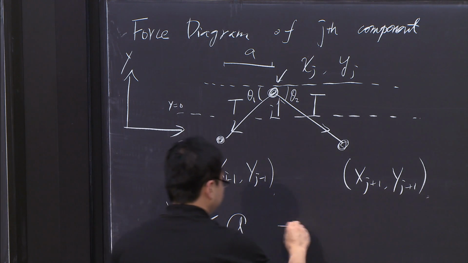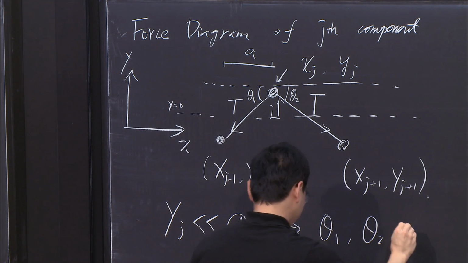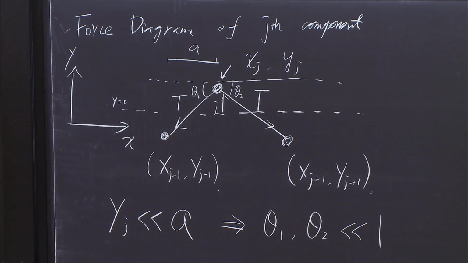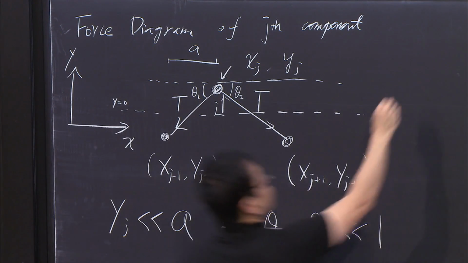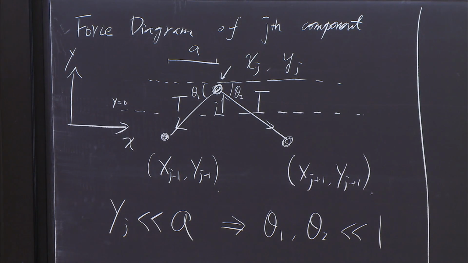That means theta 1 and theta 2 are much, much smaller than 1. So that gives us a chance to use the small angle approximation.